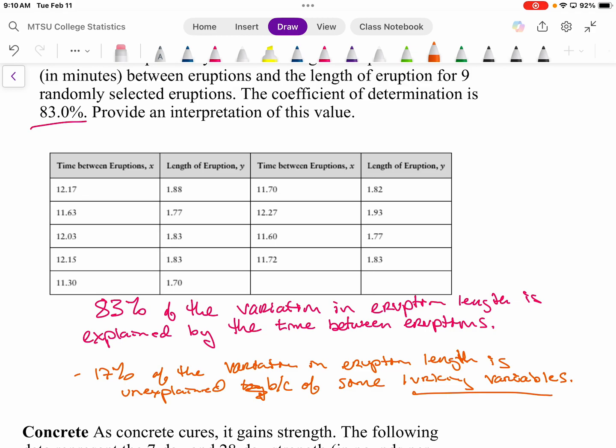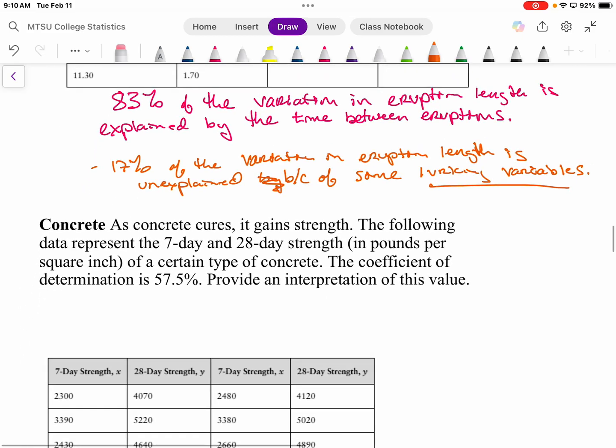So to me, as more time goes by between eruptions, that means there's more pressure being built up, which means the length of an eruption when it eventually happens will probably be longer, because it's building up more and more pressure. Whether that's the case, I've got no clue, because I'm not a professional geologist or plate tectonics person.